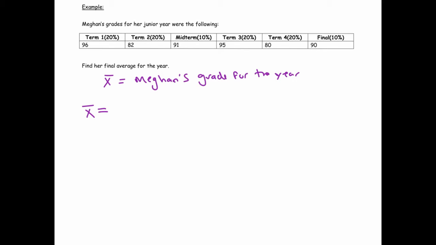So imagine you have 100 data values. That means 20 of them are 96s, 20 of them are 82s, 10 of them are 91s, 20 of them are 95s, 20 are 80s, and 10 are 90s. In other words, you can do this problem by thinking of this as getting an average the division way by saying 96 plus 96 plus 96, and writing out 96.